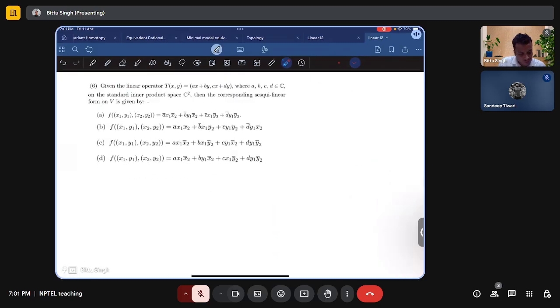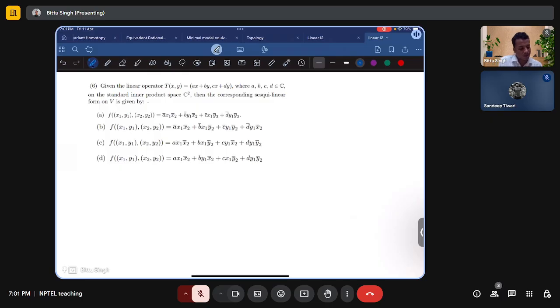So let us see question number 6. T(x, y) is a given linear operator. We need to find the sesquilinear form corresponding to this linear operator.